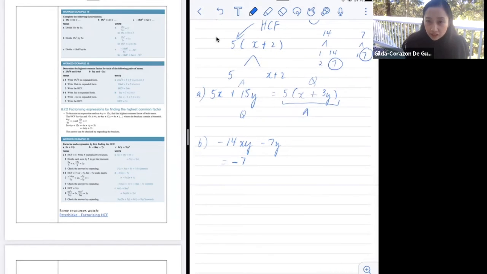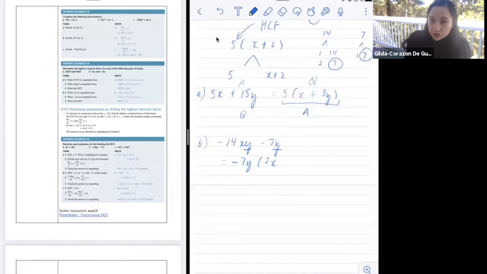The common factor would be y, because y is in the first term and also in the second one, right? So then we've got negative 7y. What did you multiply to negative 7y to get negative 14xy? 2x, thank you. So we've got 2x.